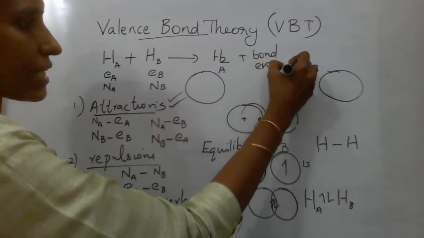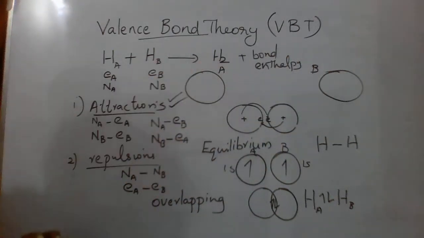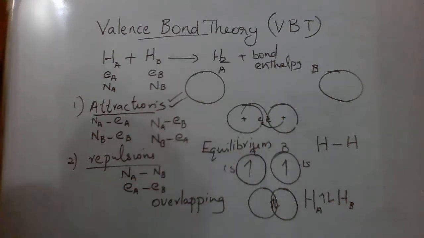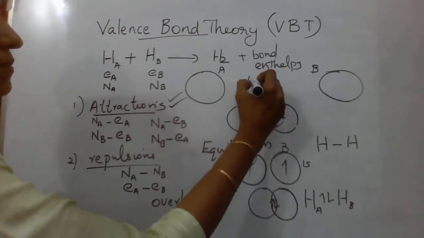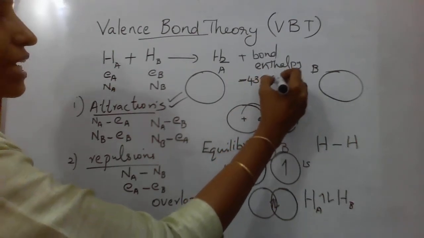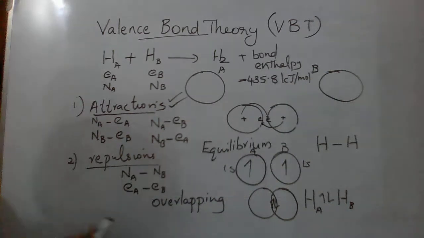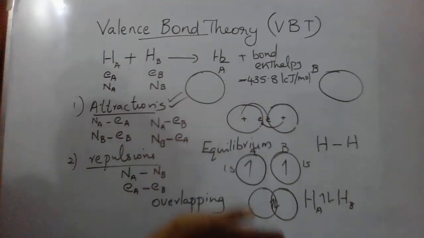When two hydrogen atoms combine to form an H2 molecule, they release a certain amount of energy, which is called bond enthalpy. This bond enthalpy of the H2 molecule is 435.8 kilojoules per mole. It means when H2 is formed, this much energy is released. If you want to break the H2 molecule into hydrogen atoms, this much energy should be supplied.